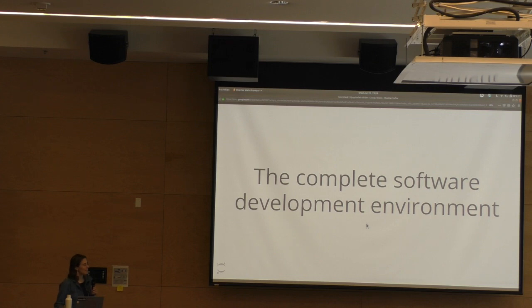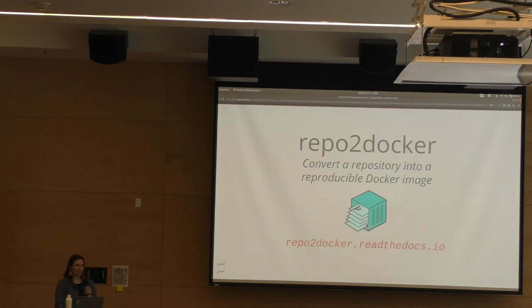But how does it get the complete software development environment? Because I've given you a requirements.txt and a notebook, and now you're telling me you can run it in a web browser anywhere. So I did want to shout out, because I know we've been talking here about Docker. This isn't magic.